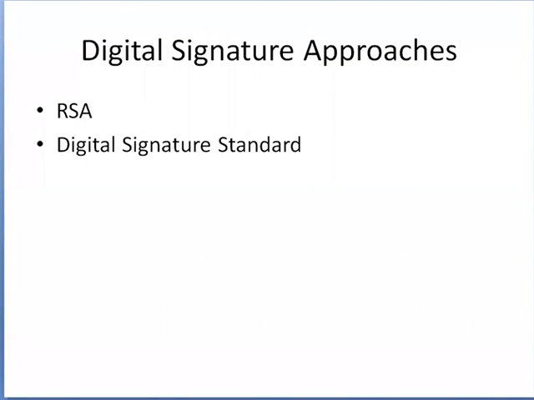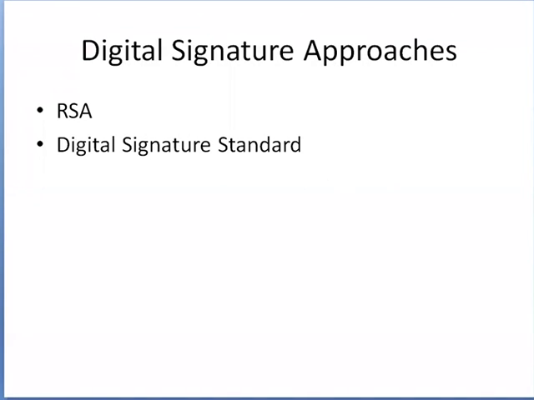In an asymmetric algorithm there are two keys, the private and public. The public key is available to all, and the private key is available to that particular user only. The public key can be used for encryption, and at the receiver end the receiver uses his private key to decrypt that message.